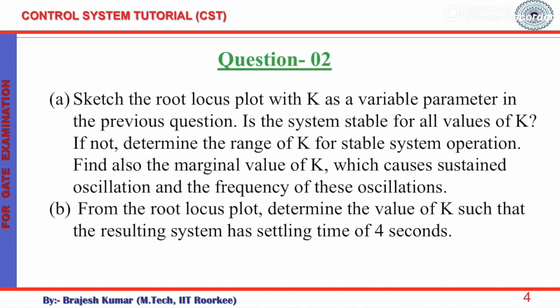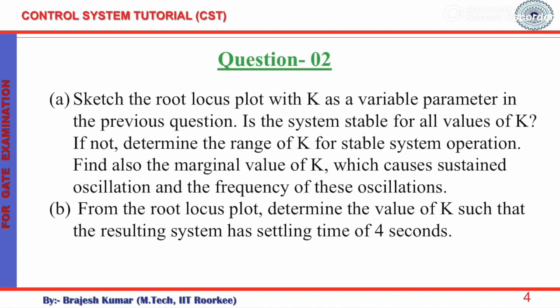If the system is not stable for all values of k, you have to proceed further and determine the range of k for stable system operation. If it is not stable for all values of k, there might be some range of k for which the system will remain within the boundary of stability. Clear?